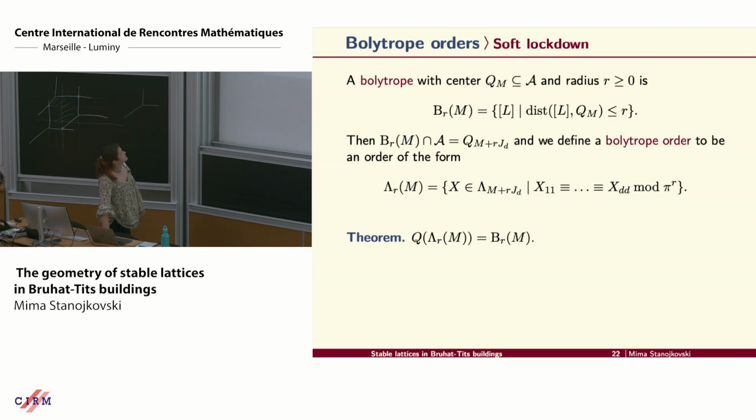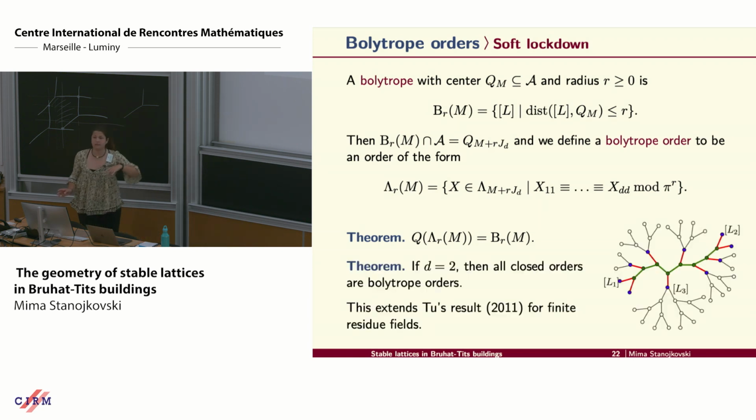And this is a theorem we proved: the polytropes are precisely the stable lattices under what we call the polytrope orders. And as a byproduct, we proved that for d equal to 2, all closed orders are polytrope orders. So there exists a basis such that you can write them like that.